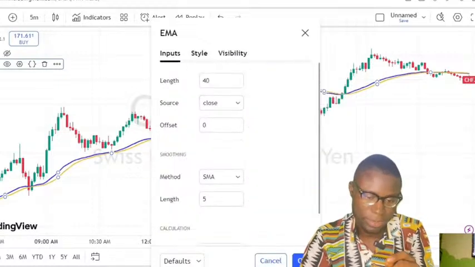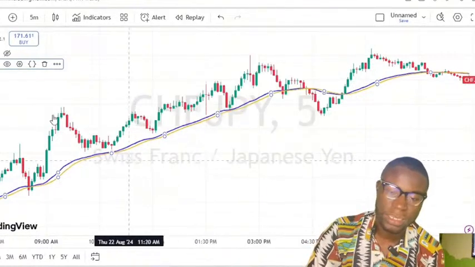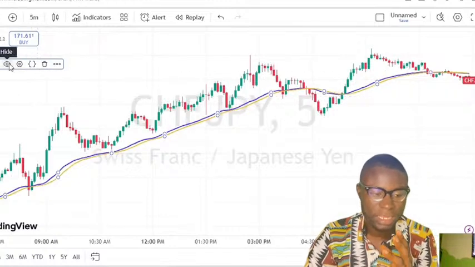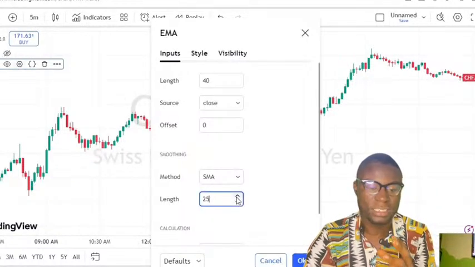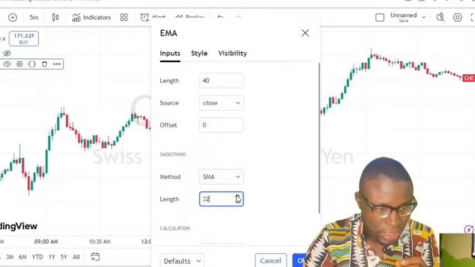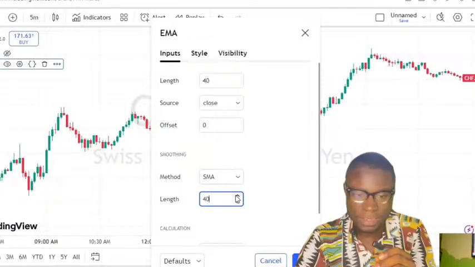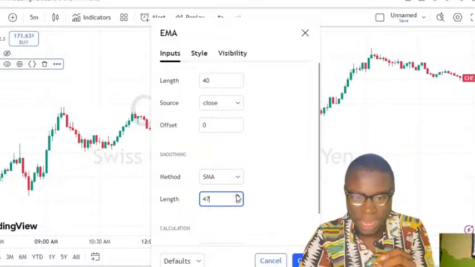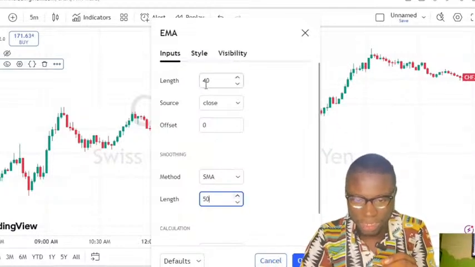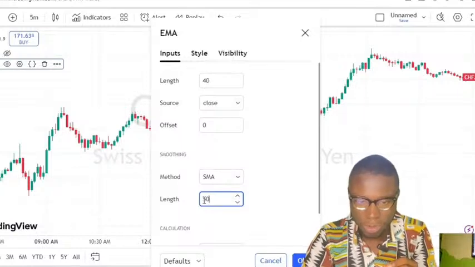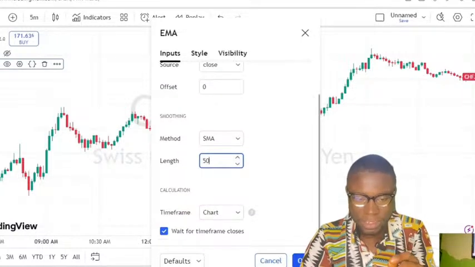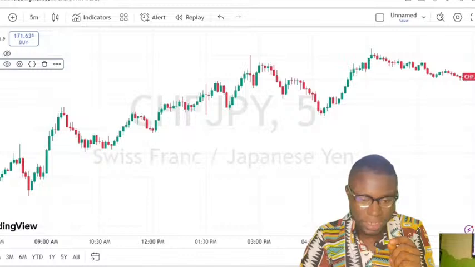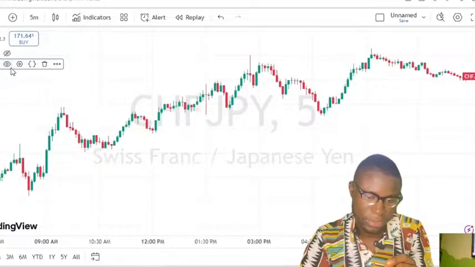Then click done. One more thing: for the other moving average, you have to increase the length to 50. Remember the other one is 40, but this one here is 50. Make sure you increase it to 50. Then click done. That is it.